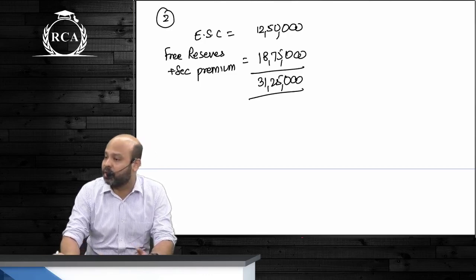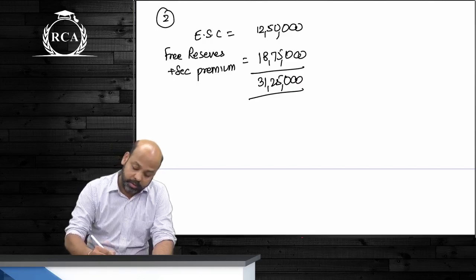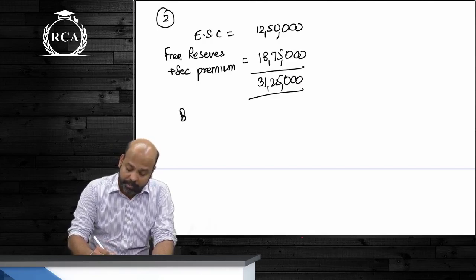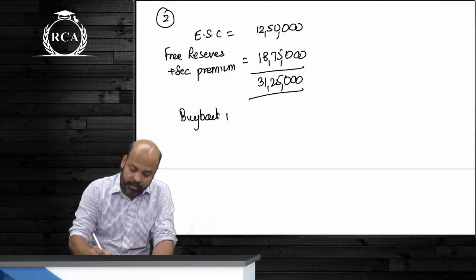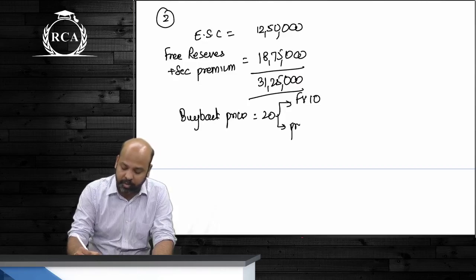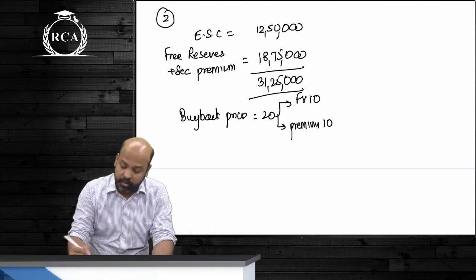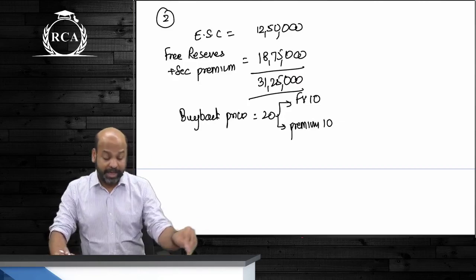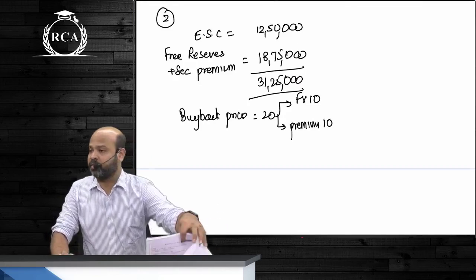This is your total equity. What is your buyback price, guys? Buyback price is 20. This includes face value of 10 and premium, beta, of 10 rupees. How many shares are we buying back? Intend to buy back 25,000 shares.